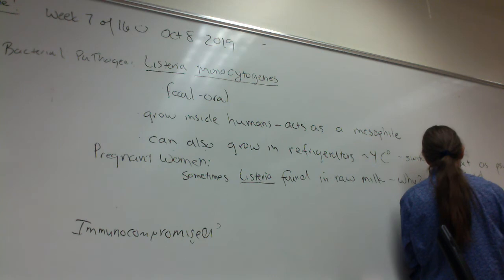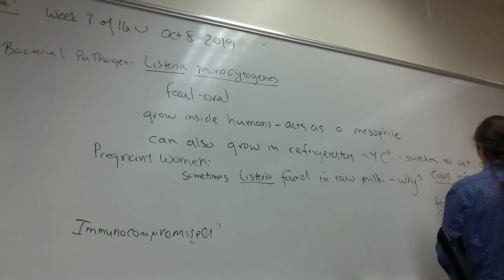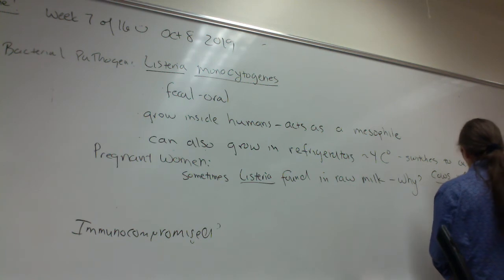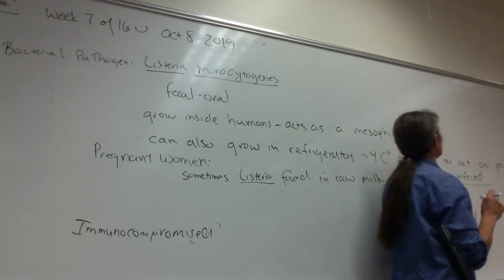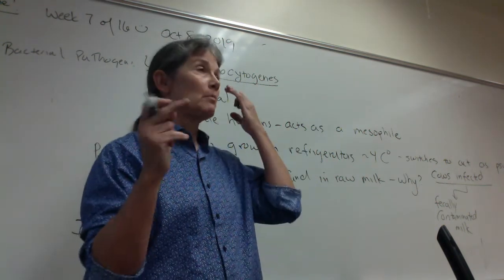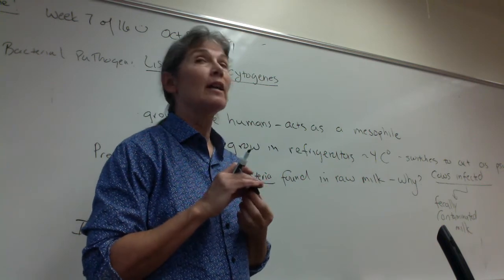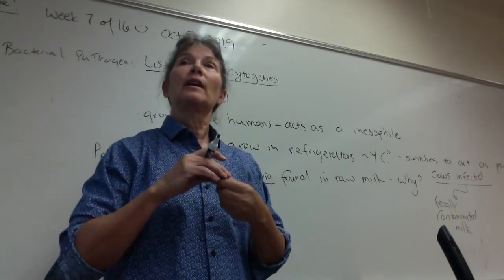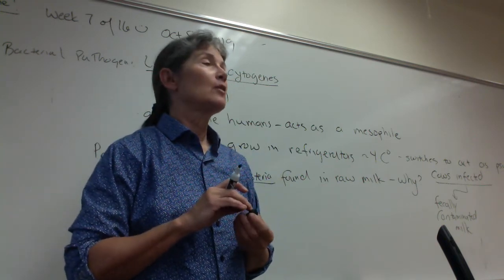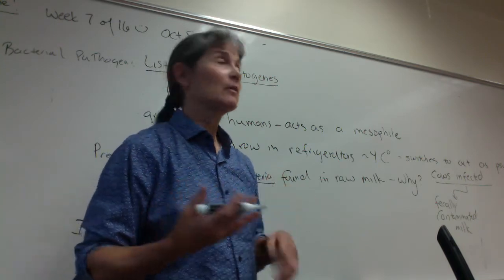But this is really bad news, you guys. Fecally contaminated milk. But remember, you guys, how we said monocytogenes? These little guys have evolved to grow in monocytes and macrophages, including the monocytes and macrophages of cattle. And do you think that mammalian milk has white blood cells in it? Yeah, there's white blood cells in milk, right?